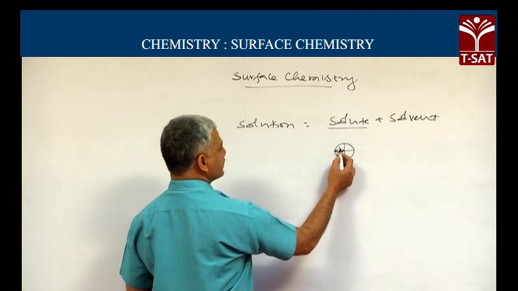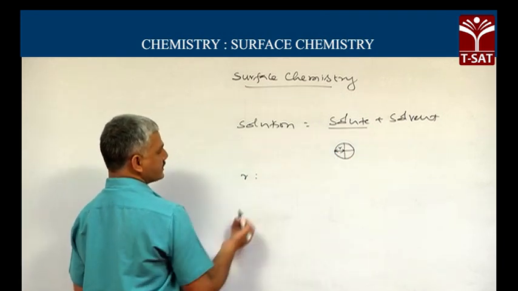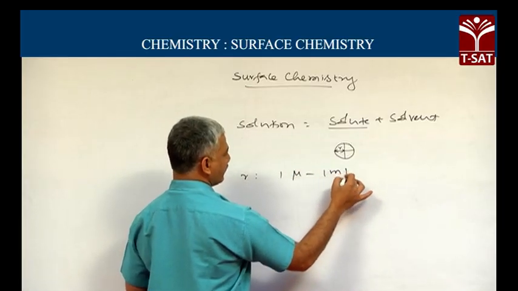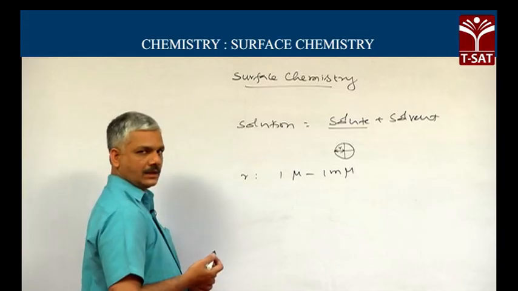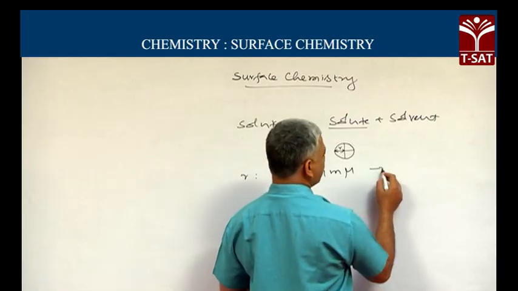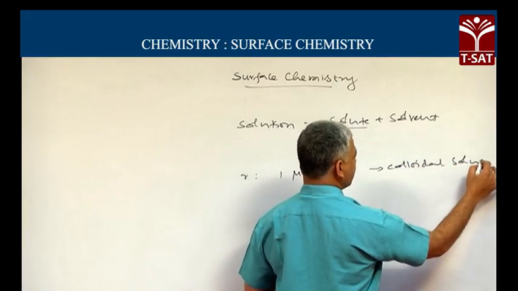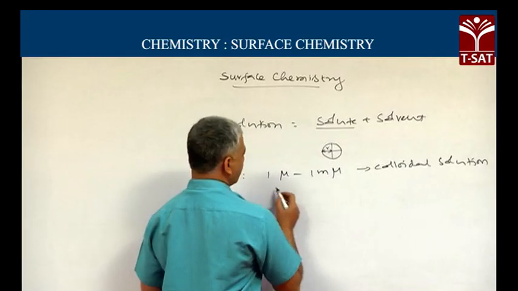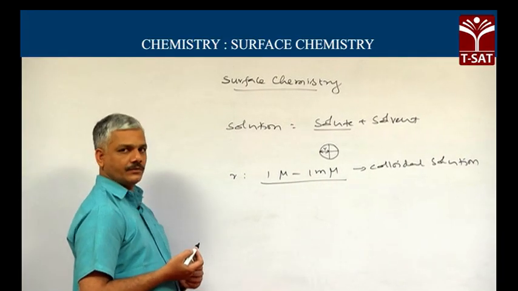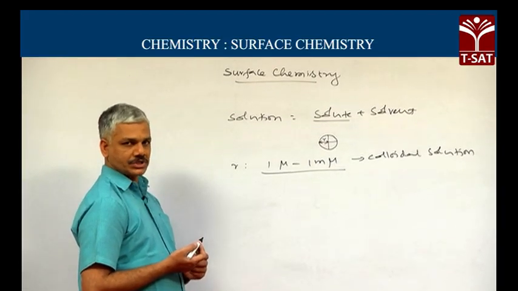If the radius of the solute particle R lies between 1 micron and 1 millimicron, then the resultant solution is called a colloidal solution, and this dimension range, 1 micron to 1 millimicron, is called the colloidal dimension.